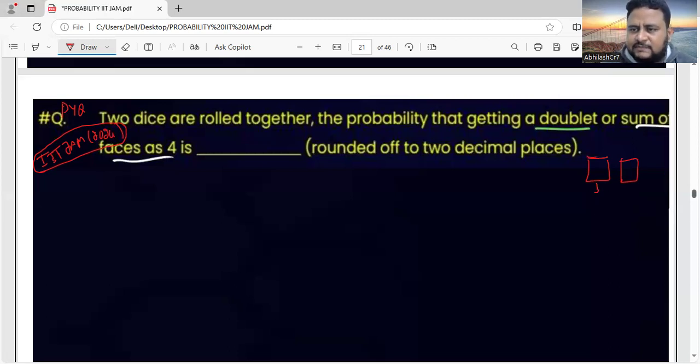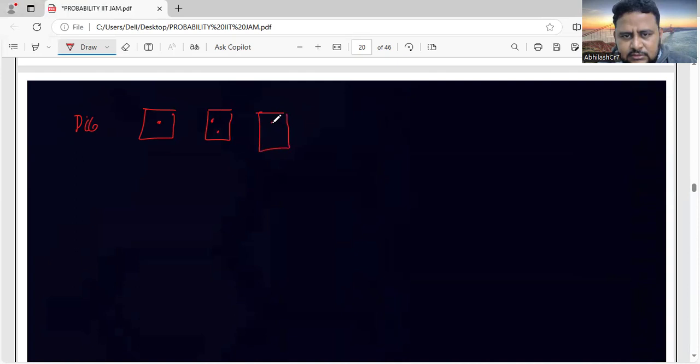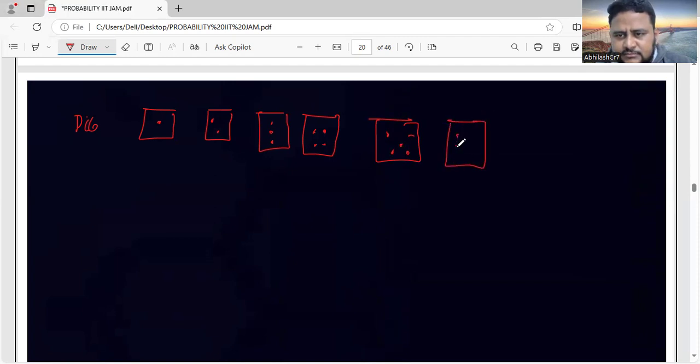But before that, I want to tell you something about dice. This is representing 1, this is representing 2, 3, 4, 5, and this is representing 6.